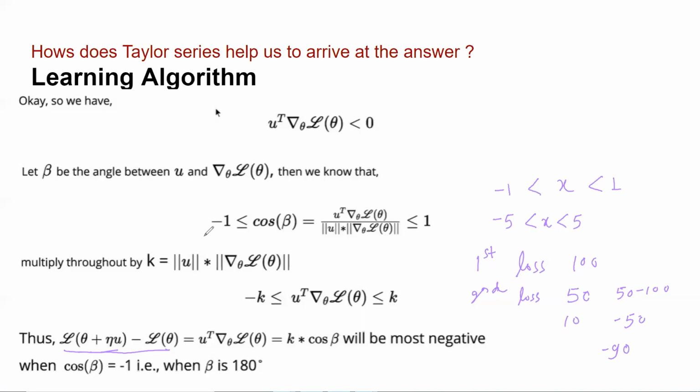For a certain value of beta. And what is that beta? 180. Yes, cos beta is -1 if my beta is 180 degrees. So my beta should be 180 degrees.